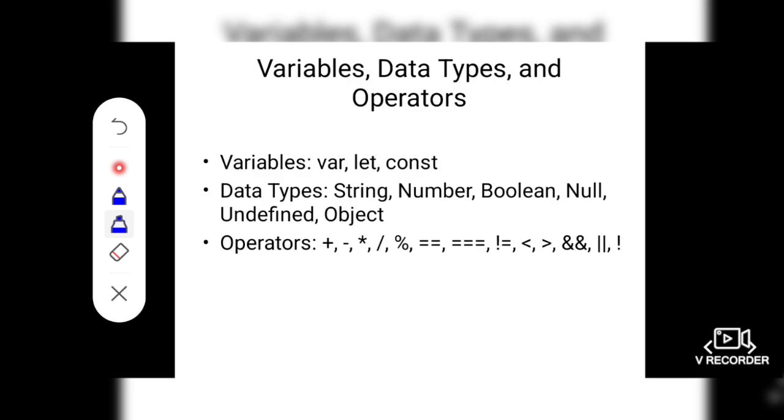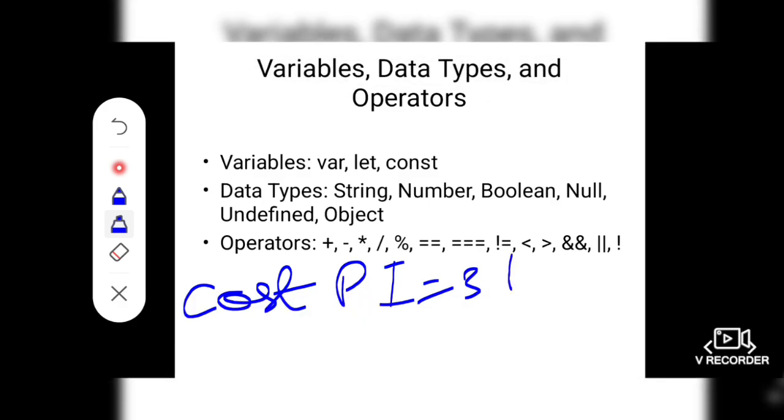And with const, we can't reassign it again. Like if we take const pi equals to 3.14, then it is fixed. We can't change it again. That is the use of these three variables.